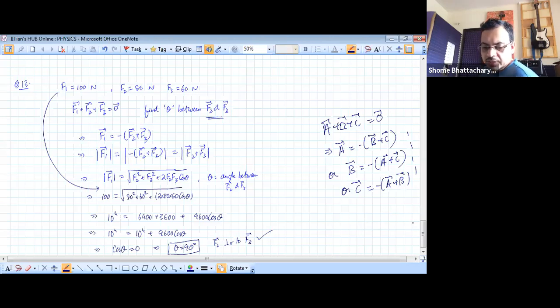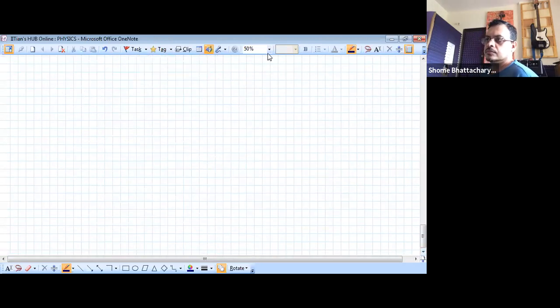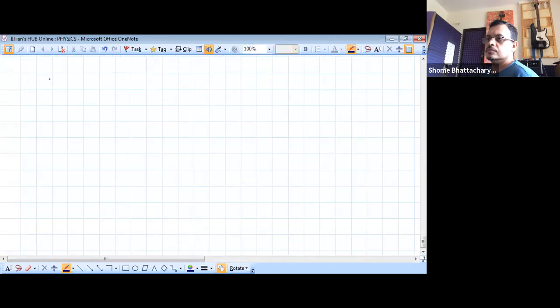Okay, so that's 13th. Now let's come to 14th question. So in question 14, you have a diagram shown to you where two vectors are drawn like this.